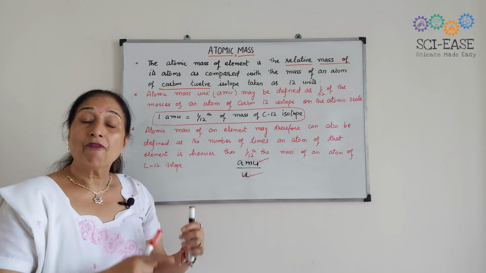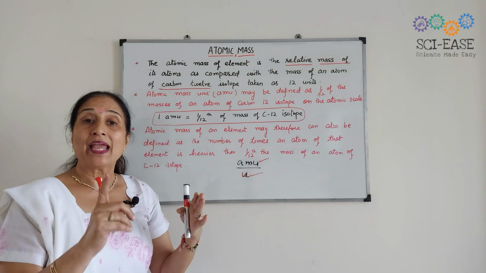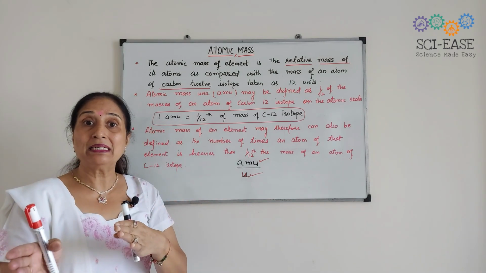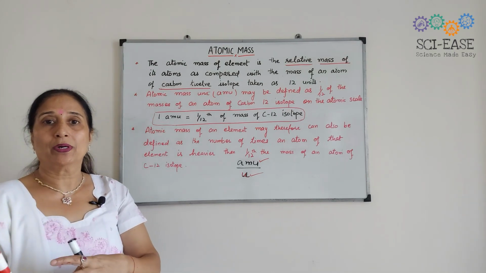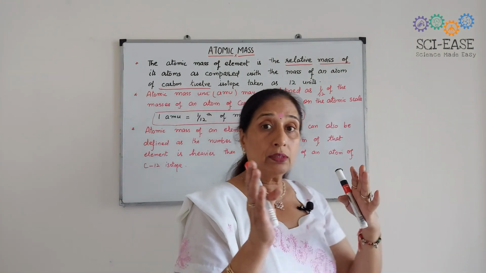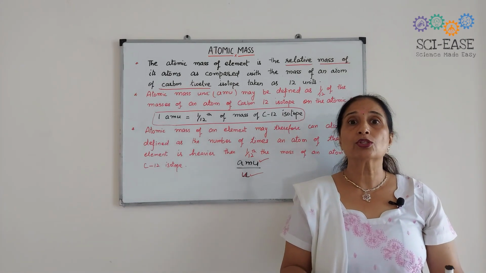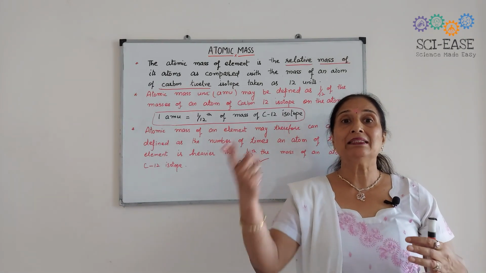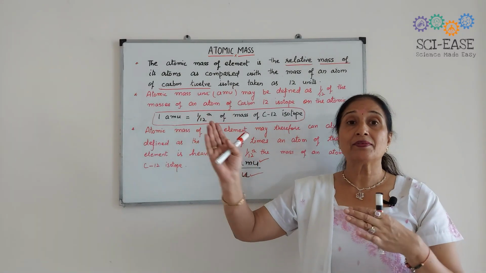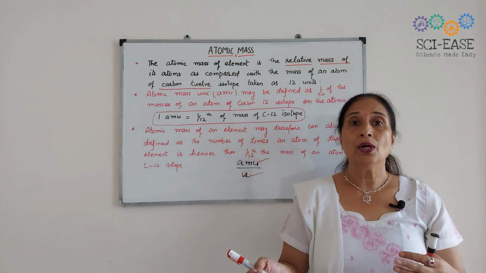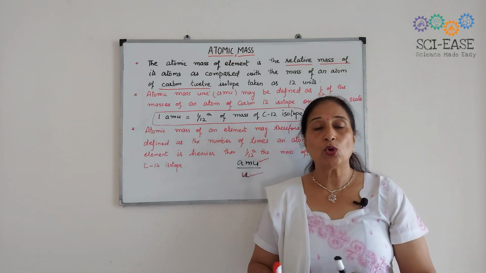With this, we can calculate the mass of an atom of each element relative to the mass of the carbon-12 isotope. So the term should be clear to all of you. You should memorize the definition also, because sometimes you have to define atomic mass, and AMU or units are used in numericals also. So the term AMU or u should be clear to all of you.